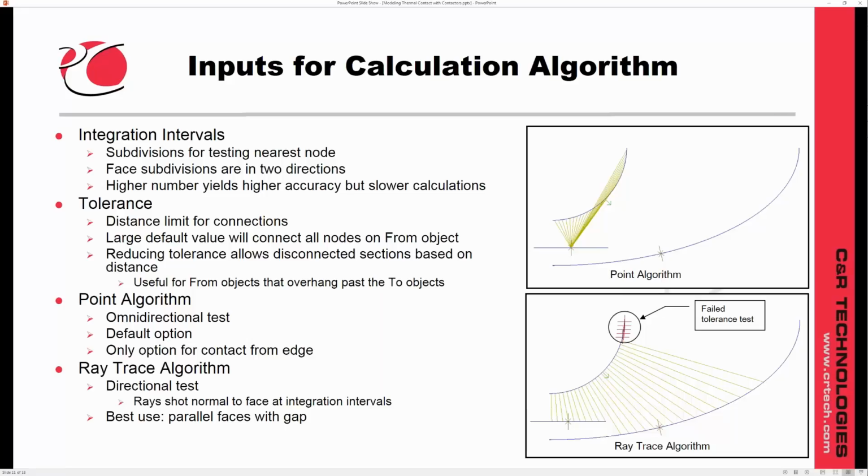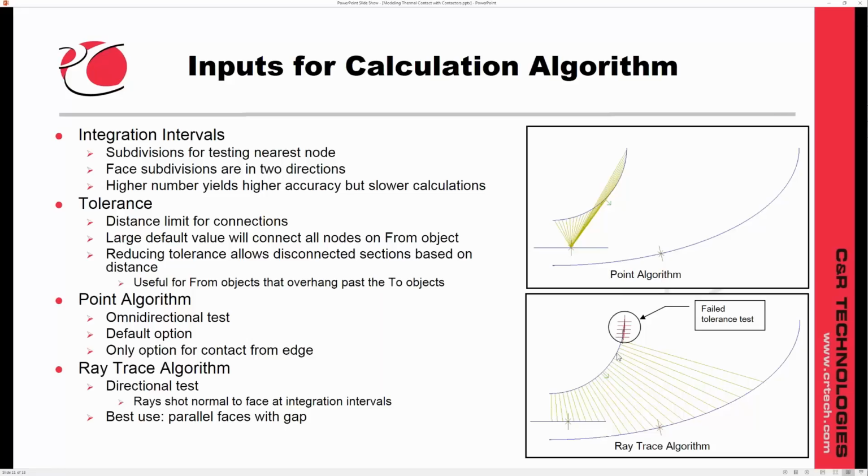Tolerance is a way to limit connections based on distance. By default, we have a very large value in there, and it will connect everything on the from object. If you reduce the tolerance, it allows you to have disconnected sections based on distance.